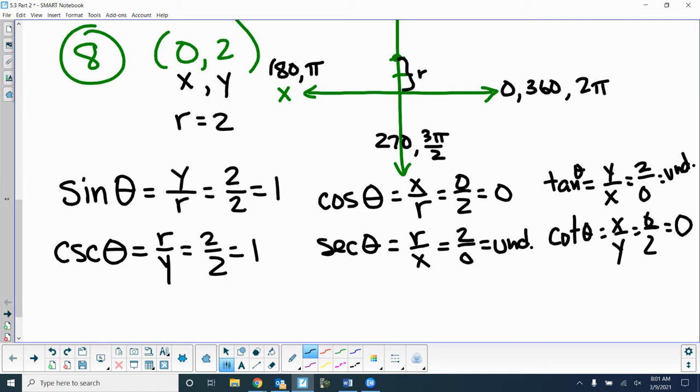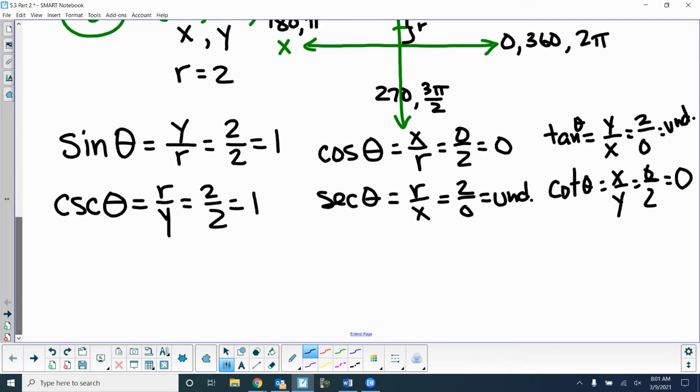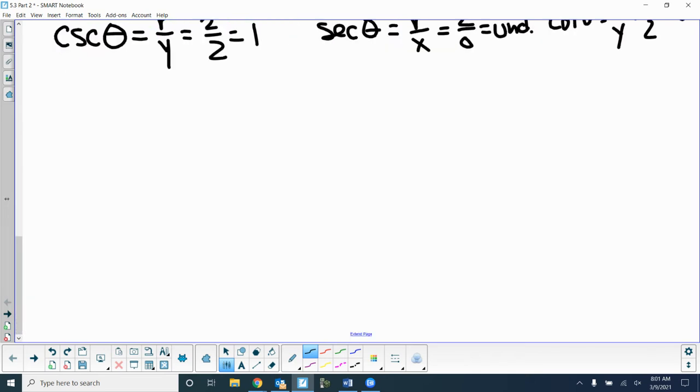For the next group, 10 through 20, it says evaluate the trig function of the quadrantal angle or state that the function is undefined. So we're at 270, down here.